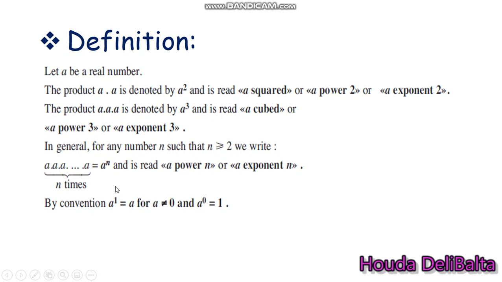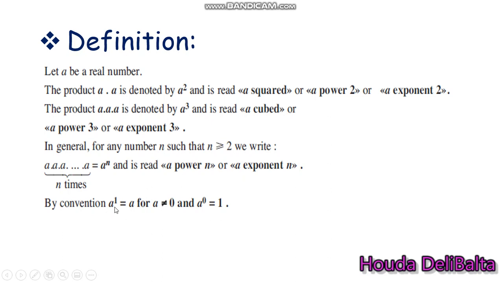So in general, A dot A dot A n times, multiplying A by itself n times, is denoted by A to the power n or A exponent n. There are conventions that say A power 1 is equal to A for any A not equal to 0. A power 0 is equal to 1.